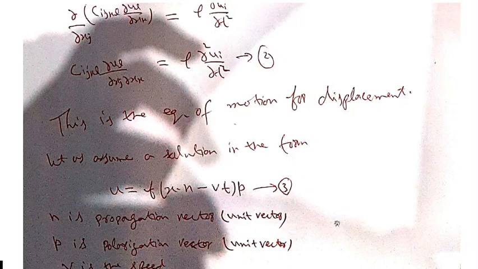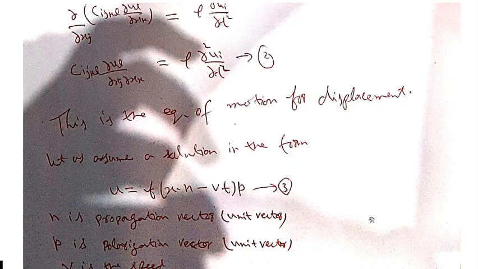Throughout the whole course, from now onward, we will use small n for the propagation vector and small p for the polarization vector. These are two unit vectors, n is a unit vector and p is also a unit vector.